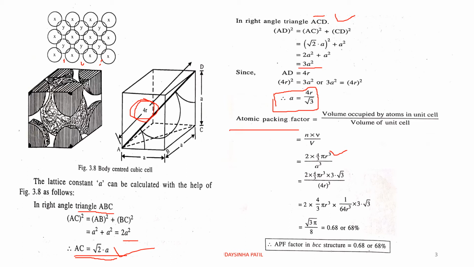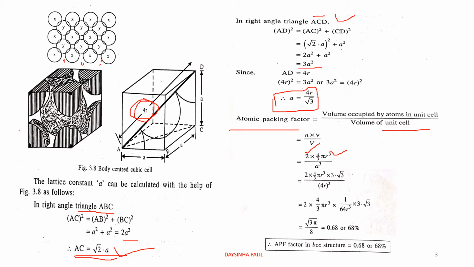The number of atoms is 2. Therefore, 2 into 4 by 3 pi r cube, divided by the volume of the unit cell, that is A into A into A, A cube.